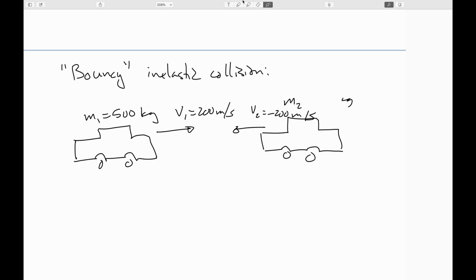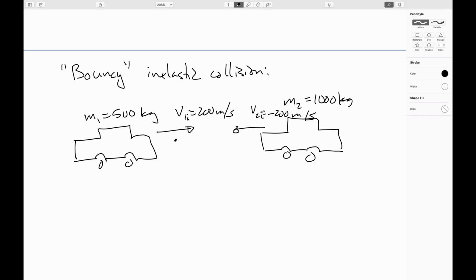So they're going to be the same cars, initially here going the same speeds. So this is still 1,000 kilograms. Here now we'll call this V2 initial and V1 initial. That's the only difference we're really making here.